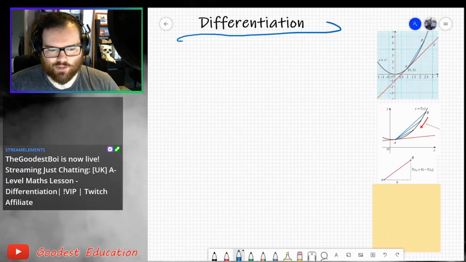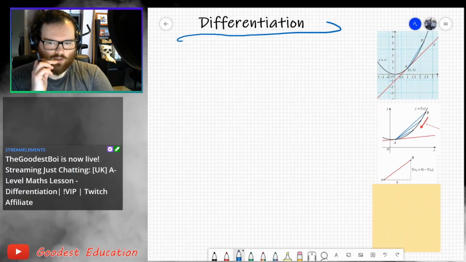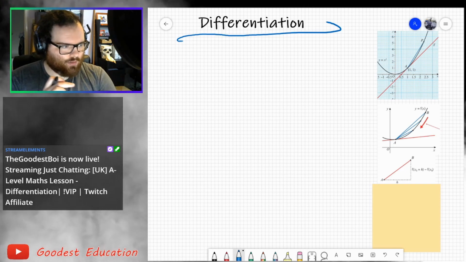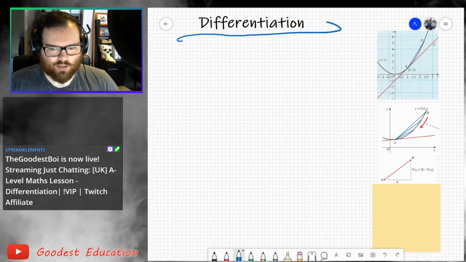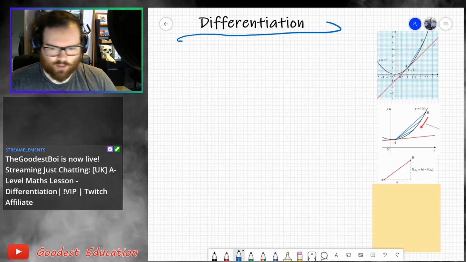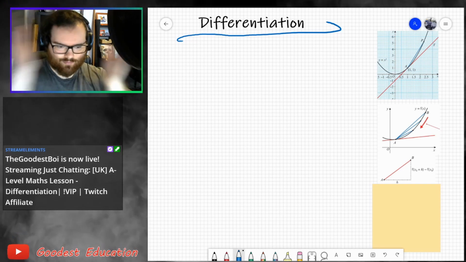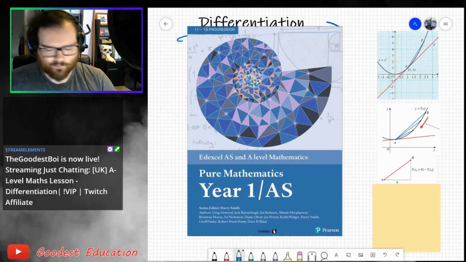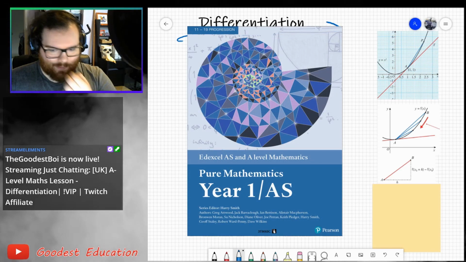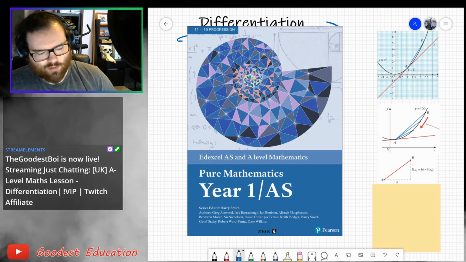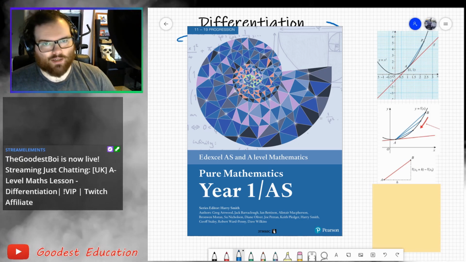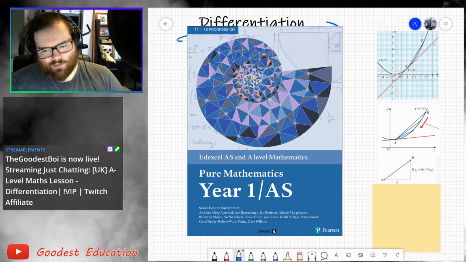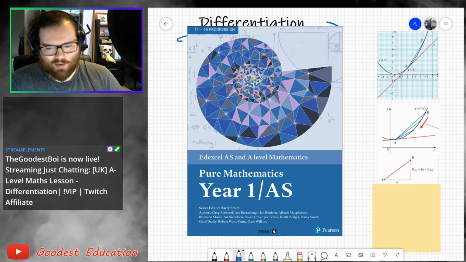I am using some reference materials from some Edexcel A-level textbooks, which future me on the YouTube video will put a picture of, so people know what I'm referencing. I could just talk about differentiation and how I use it, but that probably isn't the best idea because I may go too far and it might get confusing.